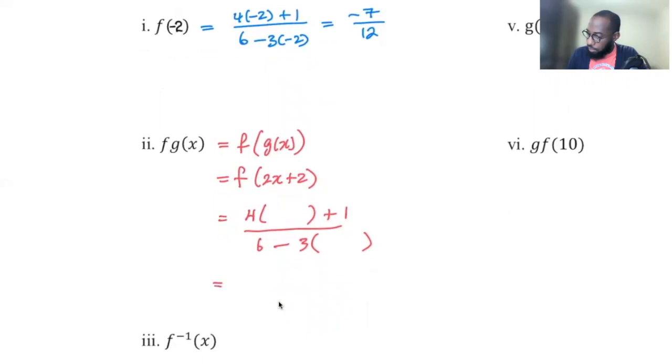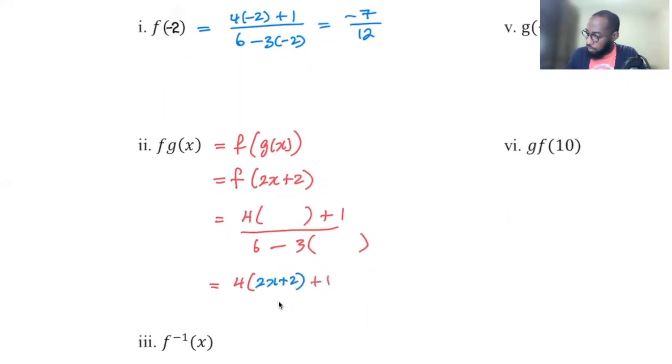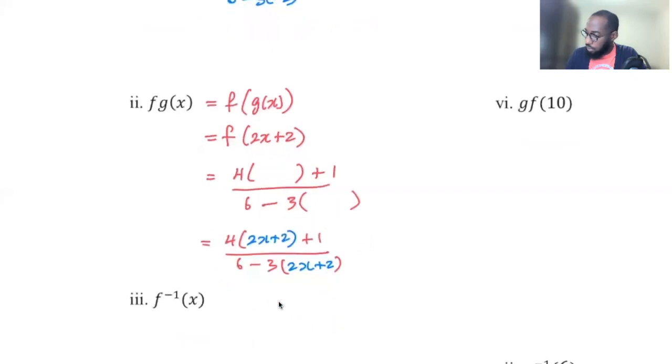So the next step, I'm going to write 4 open brackets, and we have 2x plus 2 plus 1 divided by 6 minus 3 open bracket, 2x plus 2 close bracket. So you have to simplify. So 4 by 2x is 8x plus 4 by 2 is 8.